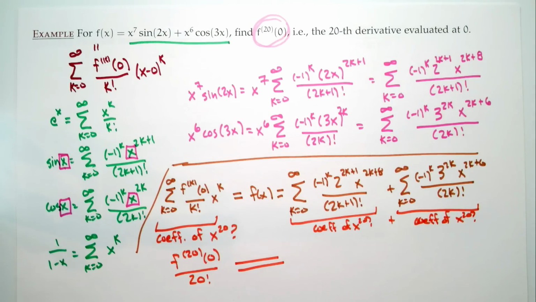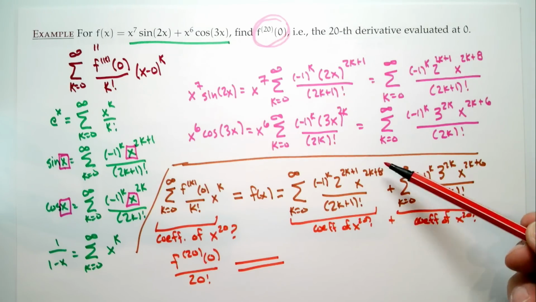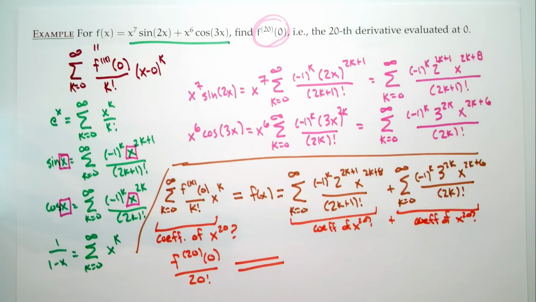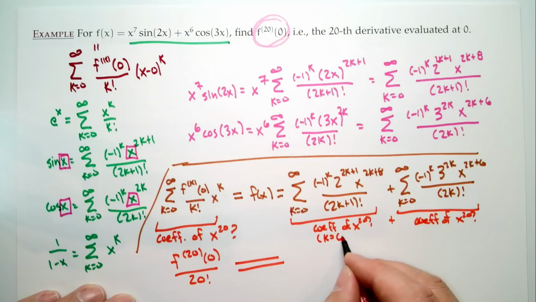So let's think about it. I want x to the 20. I have, for the x, it's to the power 2k plus 8. When does 2k plus 8 equal 20? At k equals 6. So here, we're going to be choosing k equals 6.